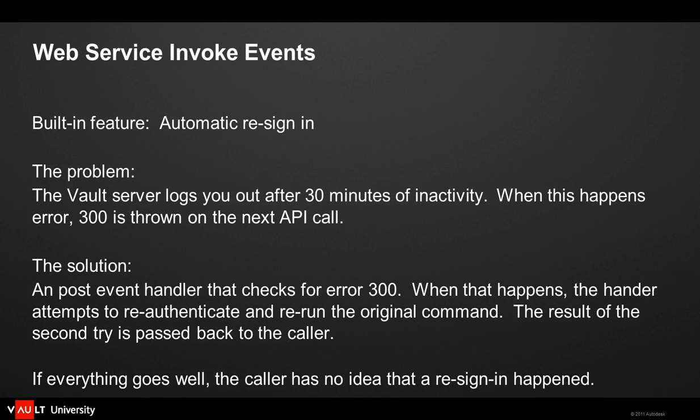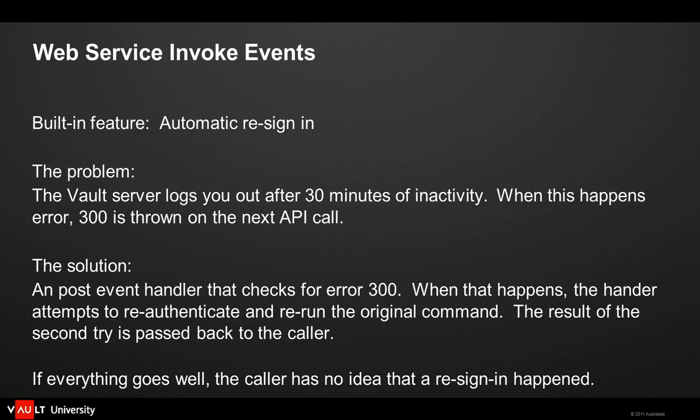So here's an example of how it's used in the Web Service Manager. This is built in by default, but the way we did it is we used these Invoke events. I think I mentioned in some of my other sessions that if a client is inactive for 30 minutes, or basically the server doesn't get any API calls from this client for 30 minutes, the server is going to assume that the client's inactive and is going to free up the license.